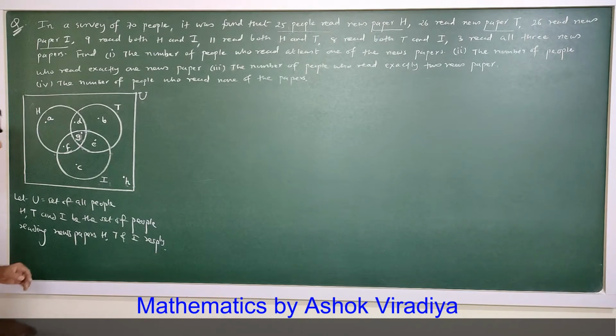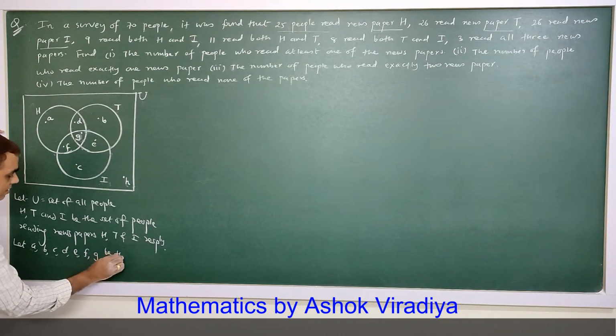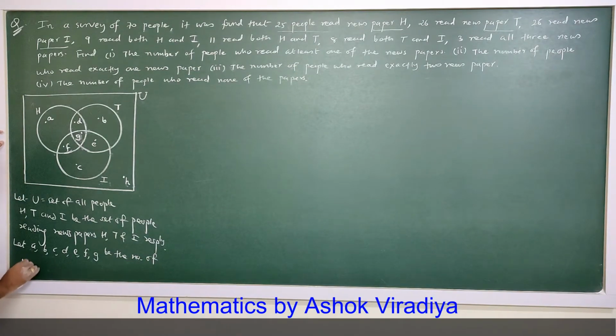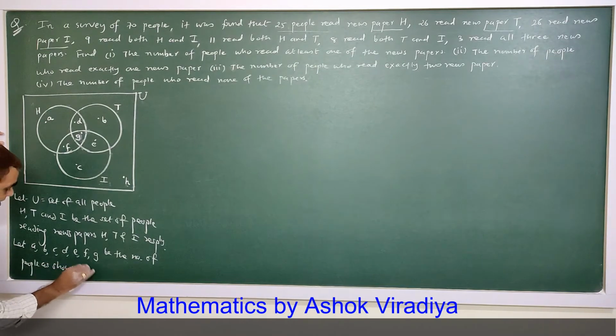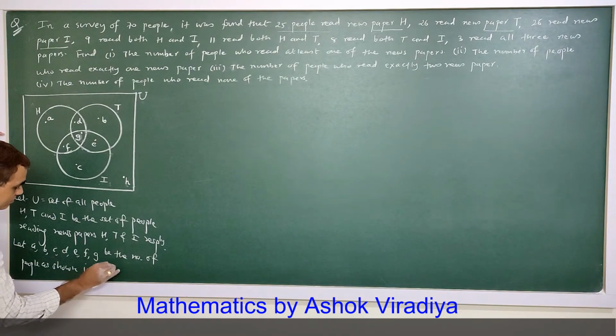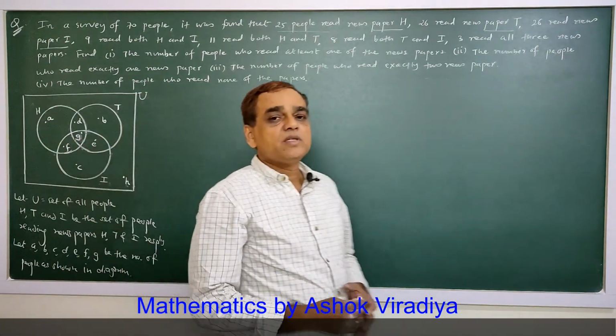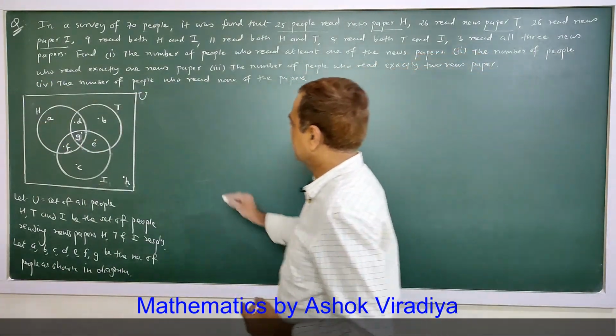Now from the given information, let A, B, C, D, E, F and G be the number of people as shown in the diagram.